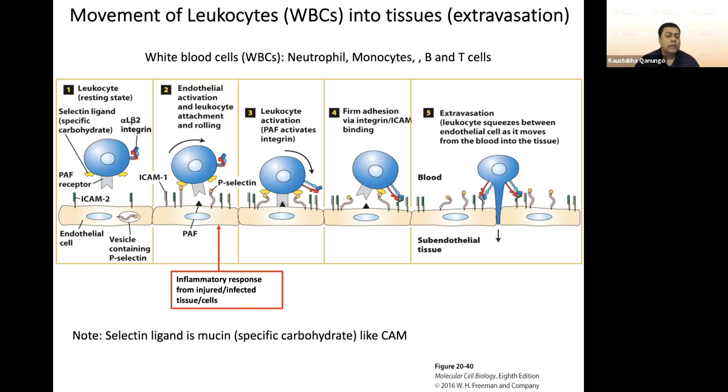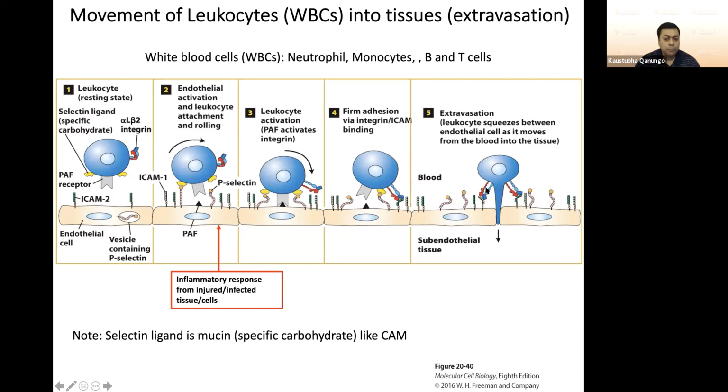While doing that, it will find a platelet activating factor that will bind to its receptor, and now it will signal the integrins to be active. Now these integrins will bind to ICAM1 or ICAM2. Both of them are receptors, and this is a high affinity binding. Again, remember, selectin and selectin ligand mucin is low affinity, whereas the integrin is high affinity binding.